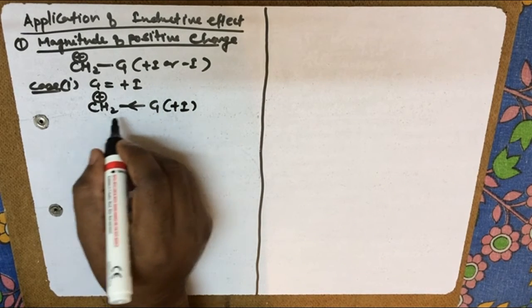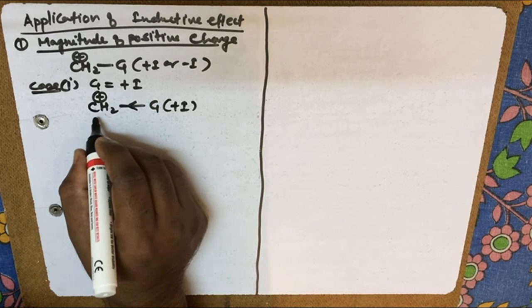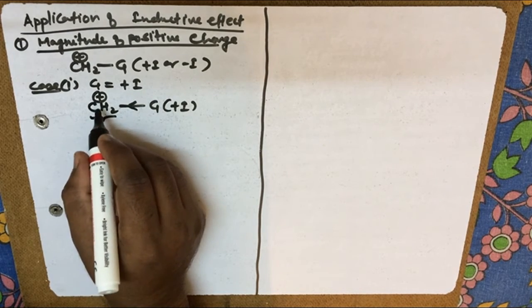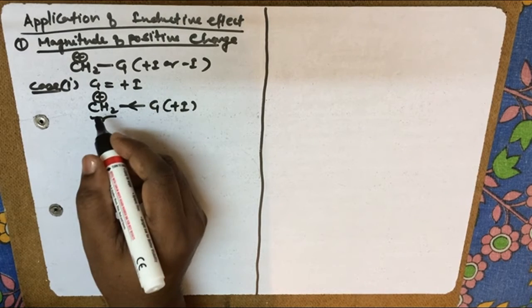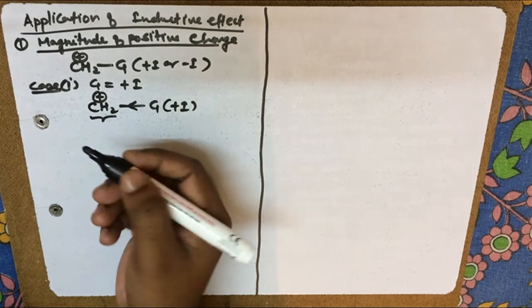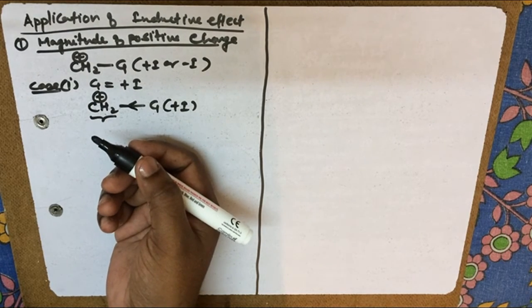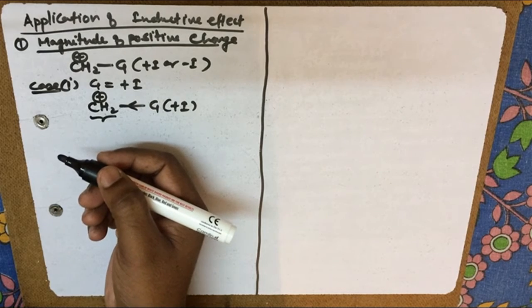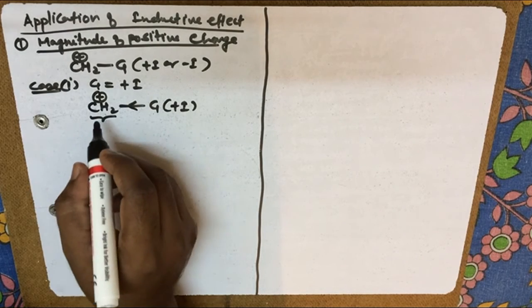So this group donates electrons to this species, and the positive charge of this species will decrease. It means the magnitude of positive charge will decrease.